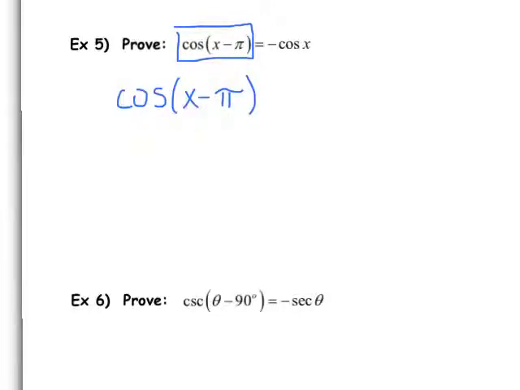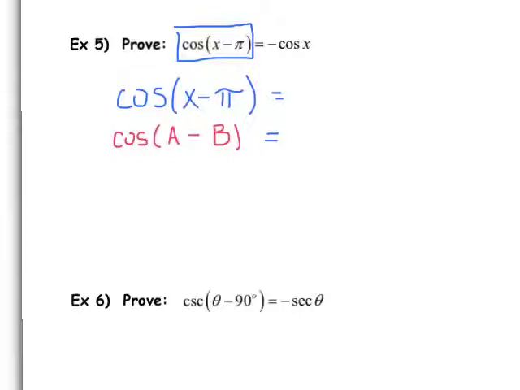So cosine of, in that case on the formula chart it says a minus b, and that is equal to, so in red right here, this is me just going to write out the formula chart because I think it's extremely helpful to do this so that you can just match up. You know, a is x and b is pi.